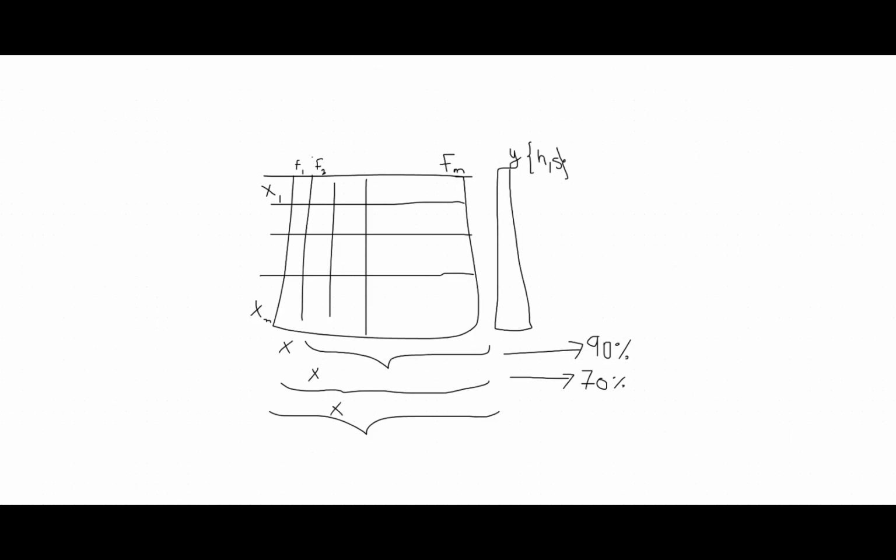The third feature will give me, let's say, 99% accuracy, which tells me that I can easily discard F3, feature number 3. The accuracy is almost perfect without F3.